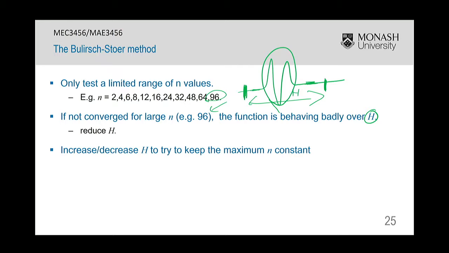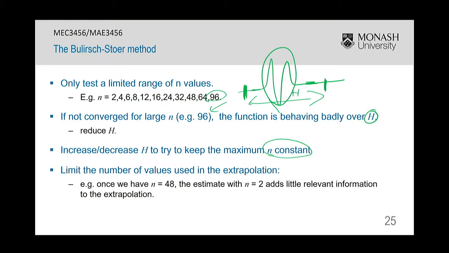Related to this, both for efficiency and accuracy, we either want to increase or decrease it to keep the errors under control, but also, ideally, we want to keep the maximum n that gives us an acceptable error about the same. So we don't want it to be 100 in one interval, and 500 in the next interval.